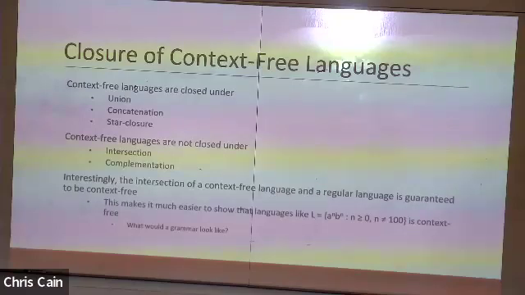So if this was the intersection of a context-free and a regular language, which is the regular part? Yeah, no, the regular part would be n does not equal 100, and then the context-free part is we just have the stack to keep track of how many A's there are. Yep. Okay.